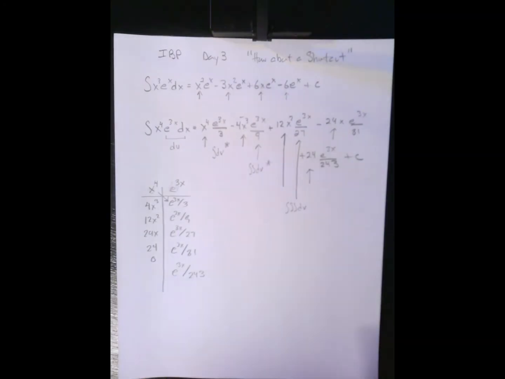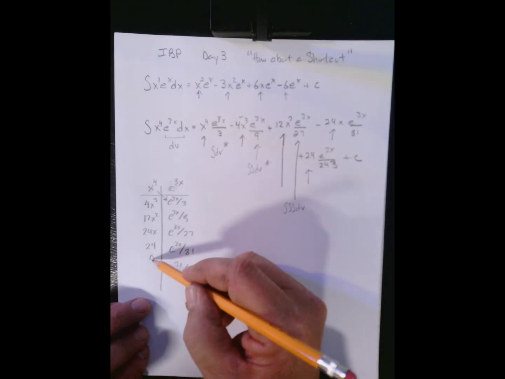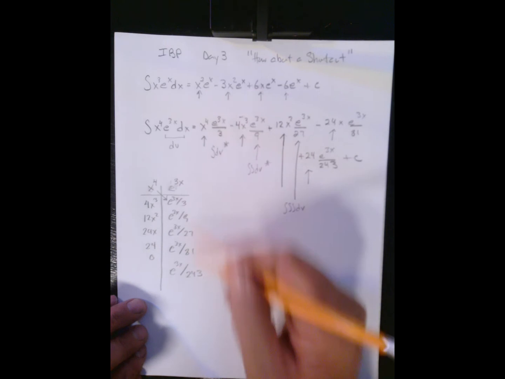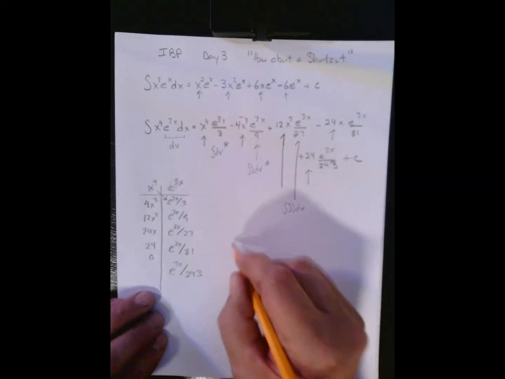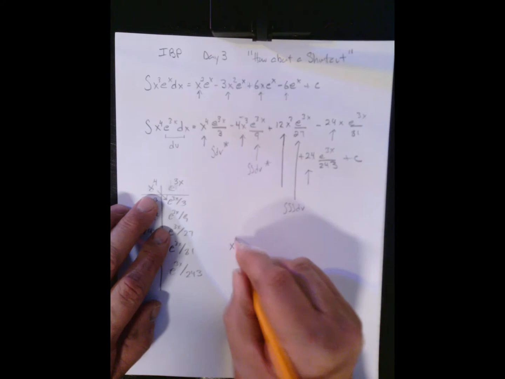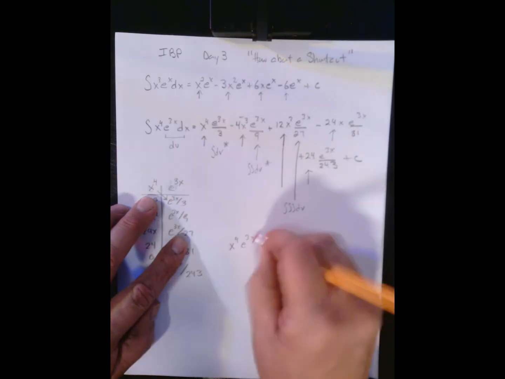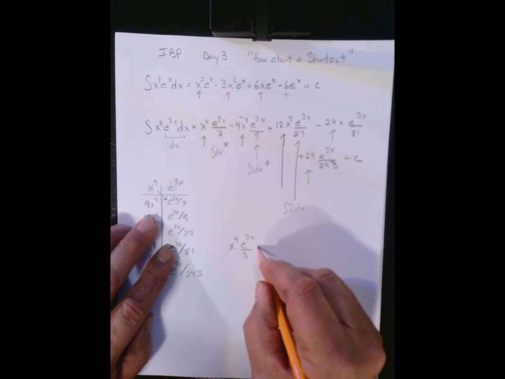Using this tabular notation, deciding on u and v, calculating successive derivatives down the column under u, and integrating each time for the new entry in the column under dv, I can combine them to come up with the terms.